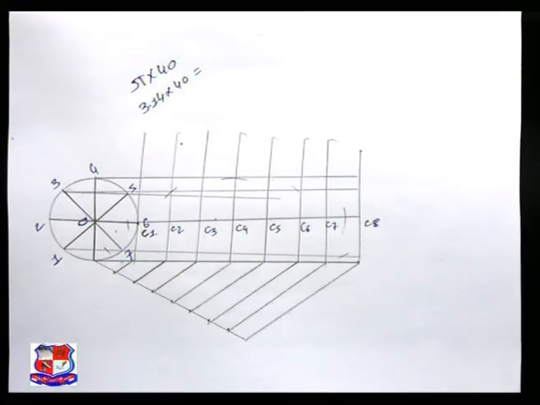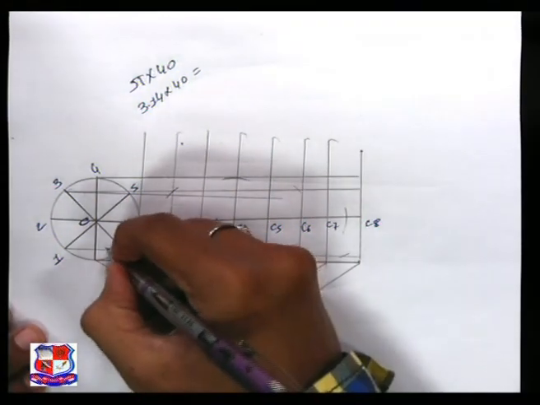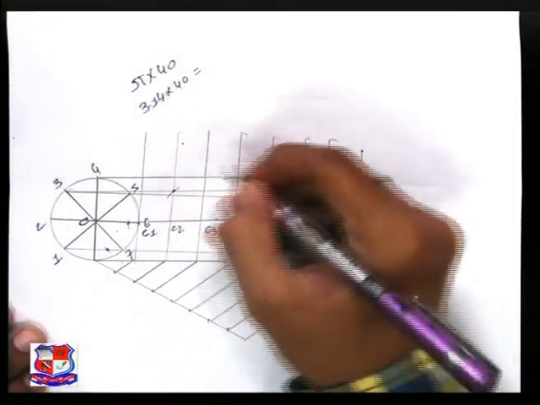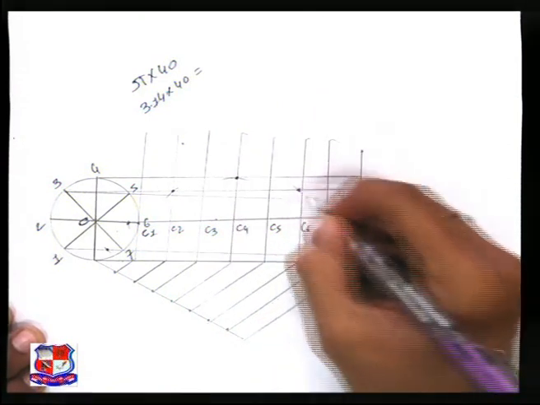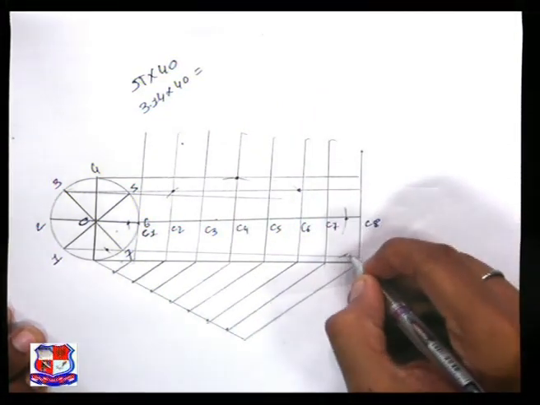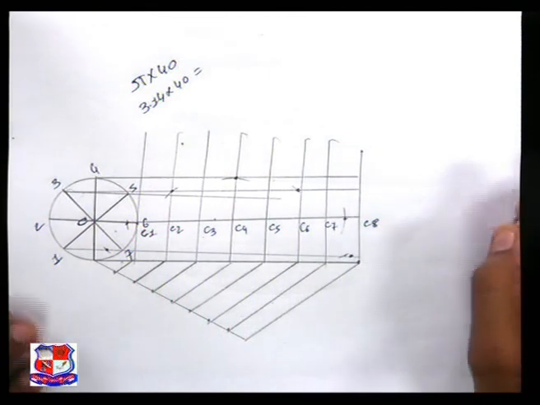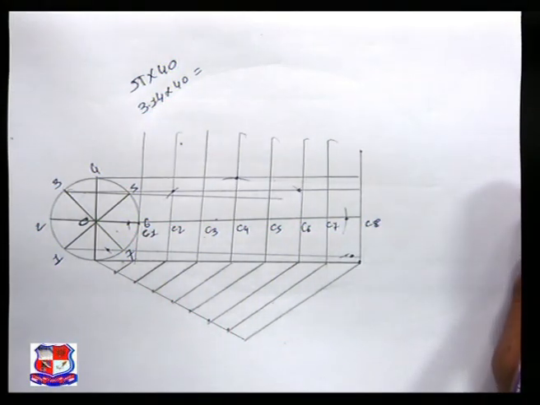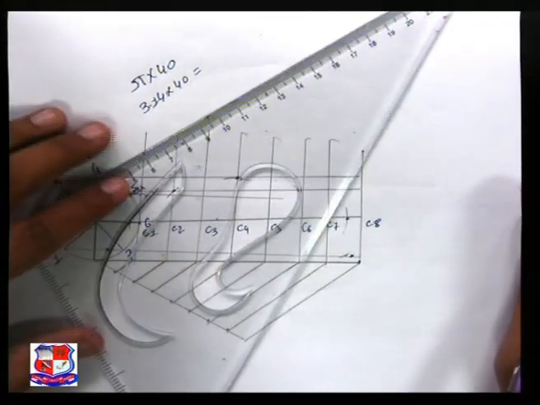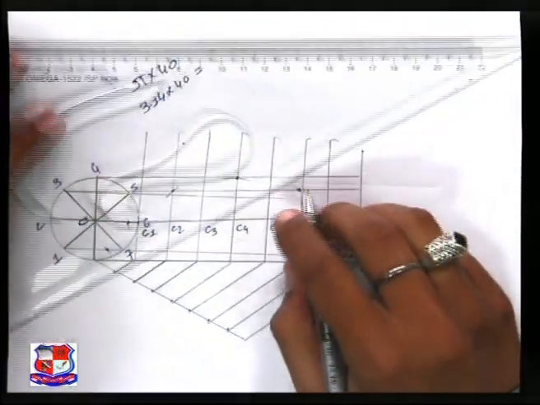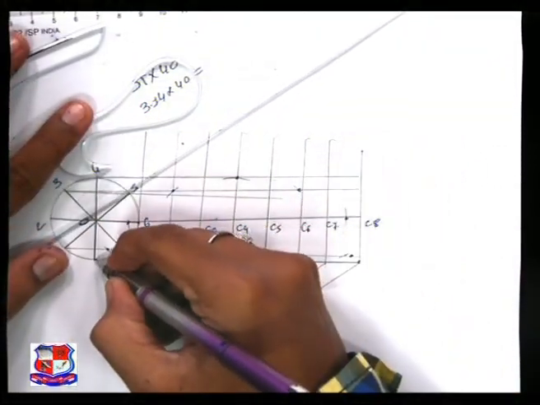We have got the intersecting points. We'll join these points using a French curve or manually.